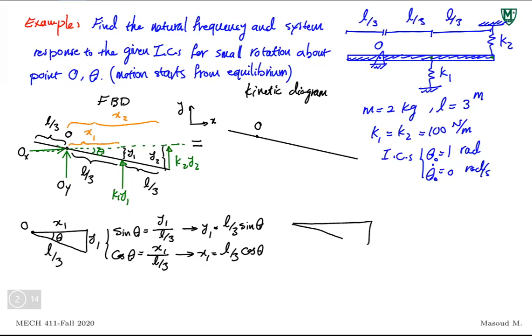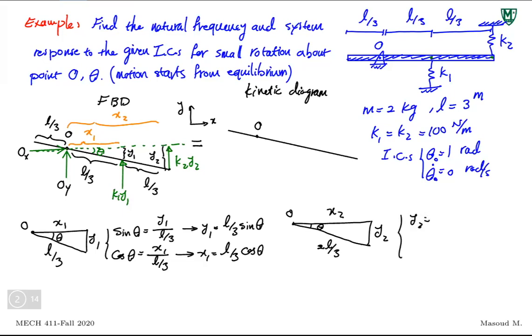This time, look at this triangle. If this is point O and this is theta, look at this geometry: x2, y2, and this would be 2L over 3. That's the distance from O to the end of this bar. So you can just follow the same procedure, same logic, writing sine and cosine.